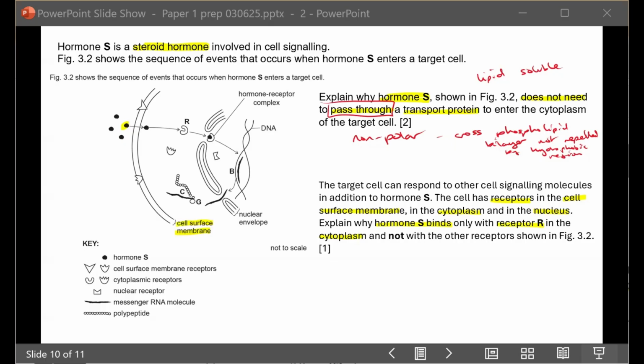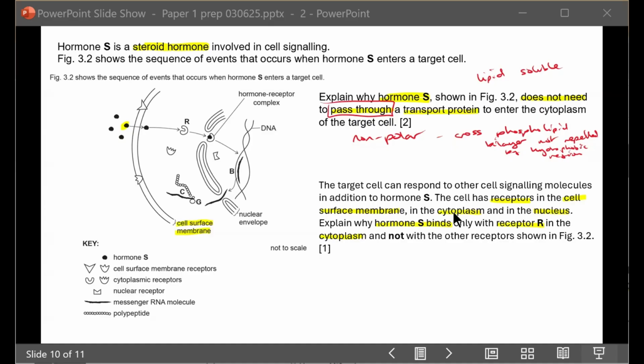So we have got this receptor, which is R. Because we've got this receptor, which is R, what we know then is that receptor is obviously going to have a very specific shape. And that shape is determined by the fact that it folded in a very specific way. So if we're looking at a question like this, we have to understand that it's not binding to the receptors on the surface because it's not a peptide hormone.